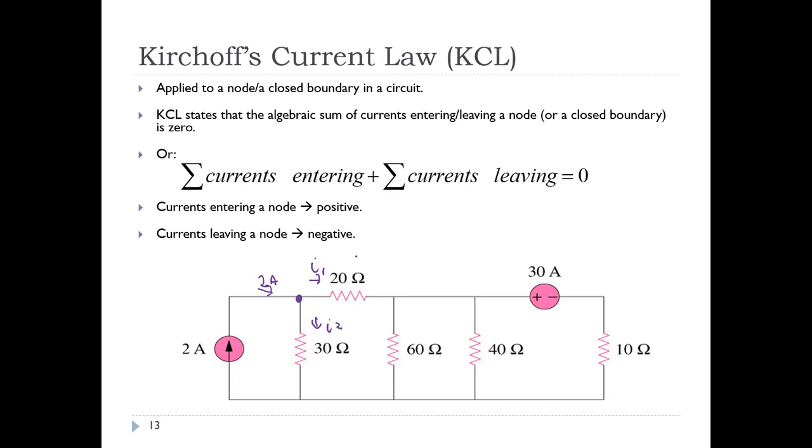Let's write the KCL equation for this node. The current entering is 2, the currents leaving are I1, and we put negative here because leaving a node should be written negative, minus I2 equals 0. If you rewrite this equation, you have something that looks like this: 2 equals I1 plus I2. So you can also write currents entering equals currents leaving.